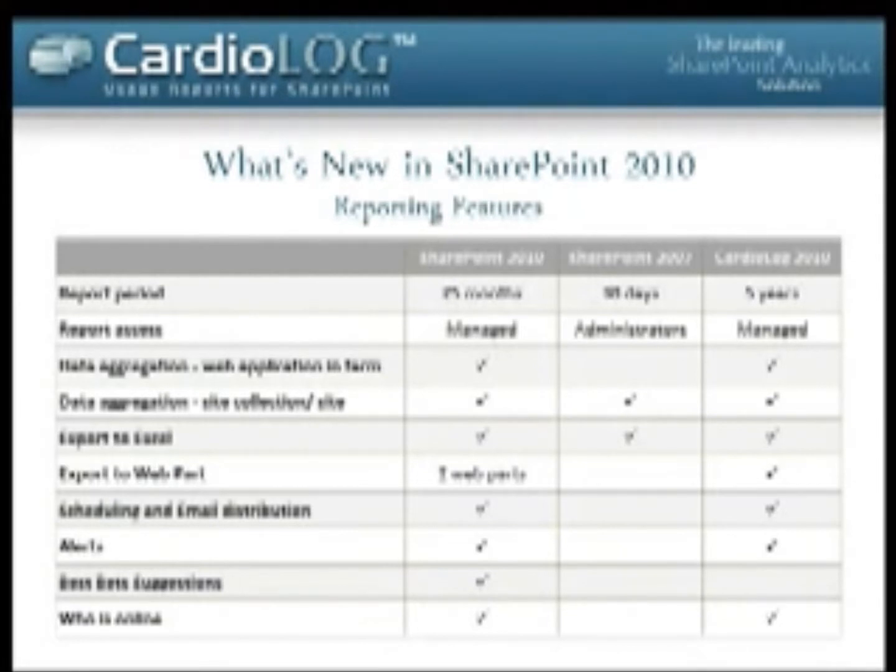And also, SharePoint 2010 provides some online presence status, just like CardioLog 2010. As you can see, alerts and scheduling and most of the features here are also provided by CardioLog, except for best bets suggestion, which is a unique engine for the SharePoint search.